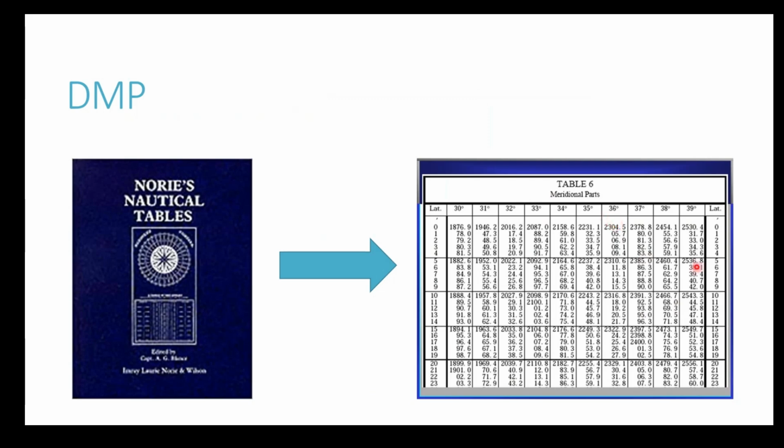So for any degree and minute of latitude, you can see the meridional parts for that particular latitude. You can find out the meridional parts for your initial latitude and your final latitude. You can find out the difference between them, and that gives you the DMP, difference of meridional parts, to be used in the Mercator sailing.